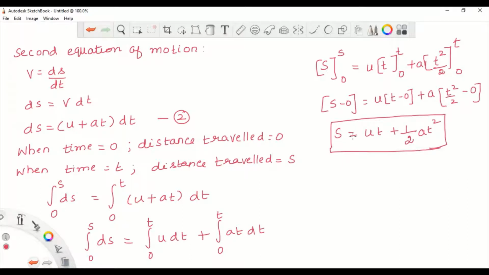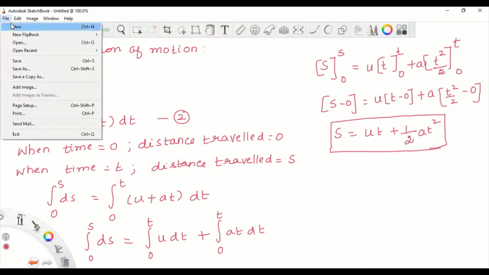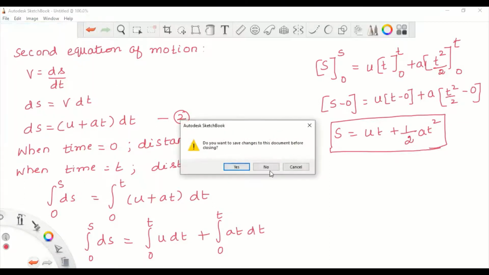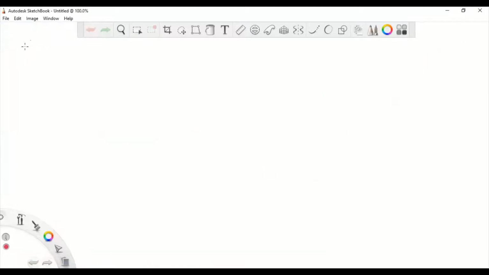Now let us derive third equation of motion. So we are going to do third equation of motion. Already we know that acceleration and velocity. What is acceleration?